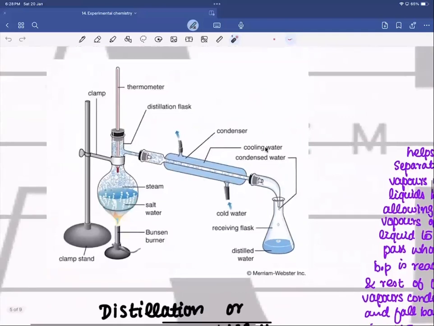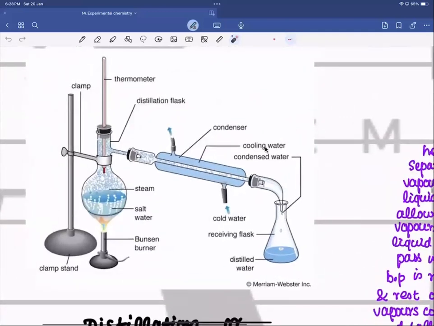Okay. Now let's understand how the distillation will separate and help us to get the pure water. Here, this is the container where we put the solution from which we need the pure solvent. This is the container where we get the pure solvent.